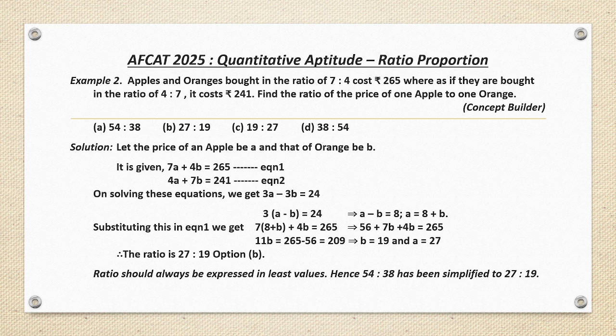Observe, the ratio is reversed in option C. Even though the numbers are correct, they do not represent the correct ratio. So the correct option is 27 to 19. You could also get 54 to 38, but a ratio should always be mentioned in simplified form. So the answer is going to be 27 to 19.